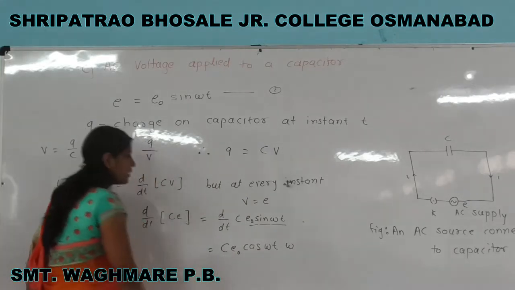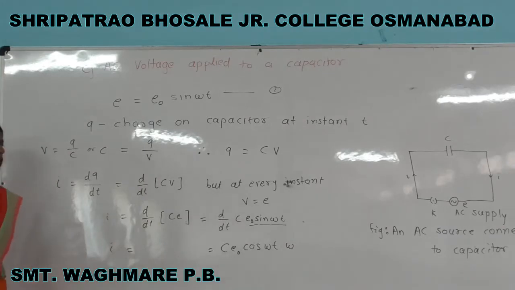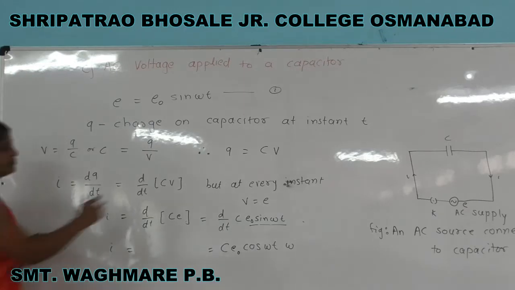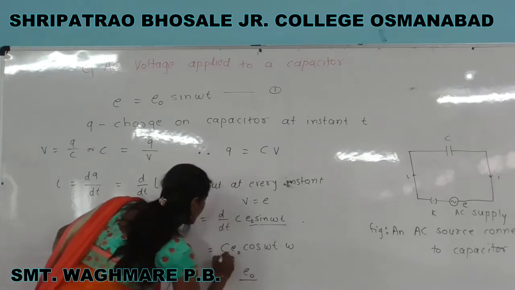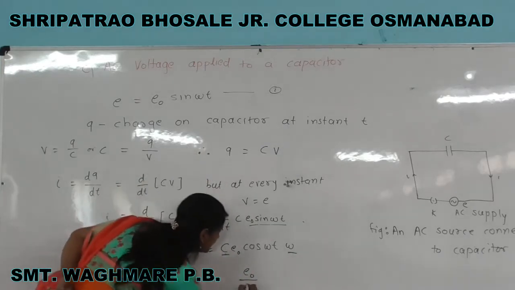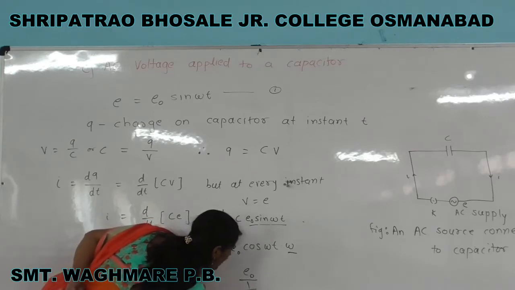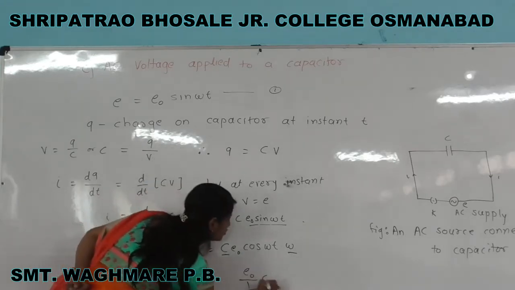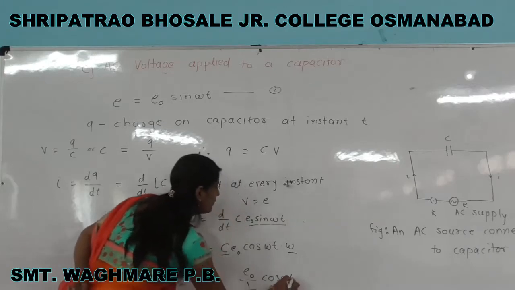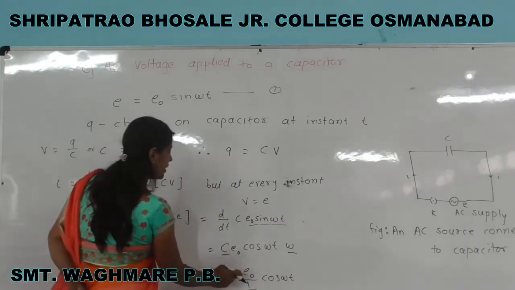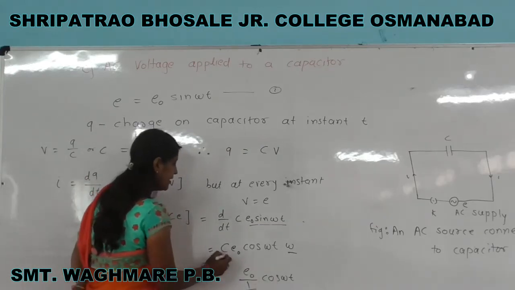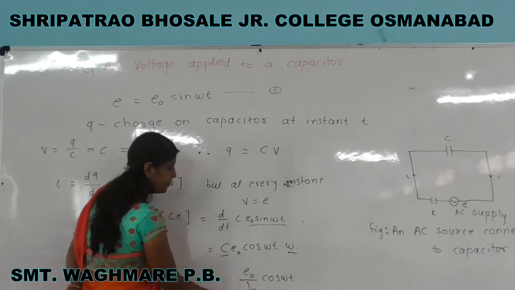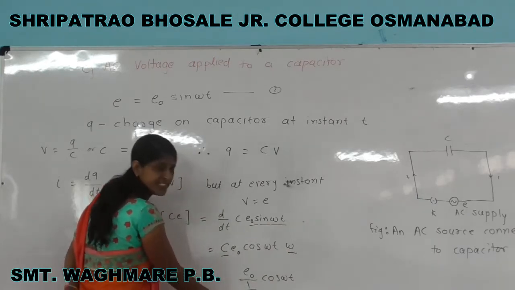Now we can write this as E naught upon 1 upon omega C. E naught stays as it is, cos omega t stays as it is, and C into omega is taken in the denominator as its reciprocal.